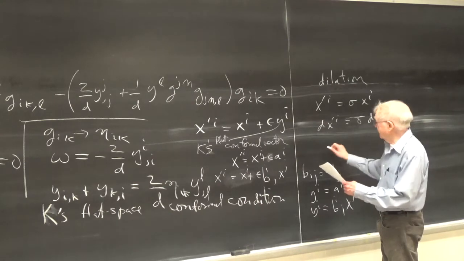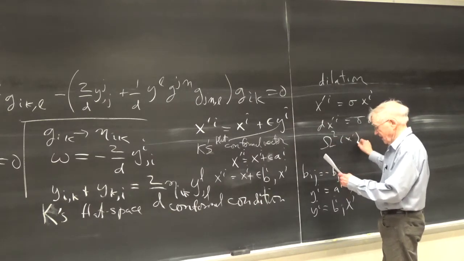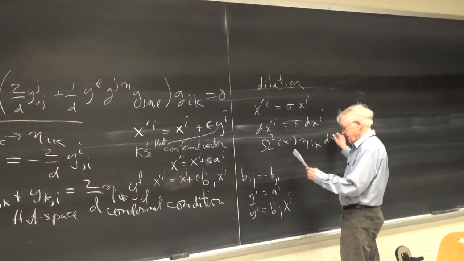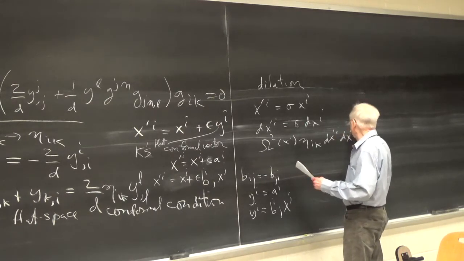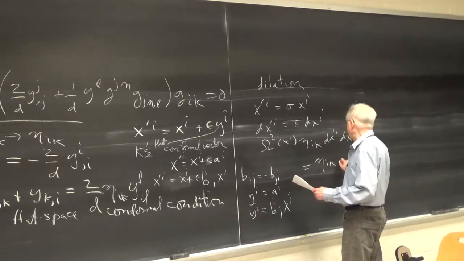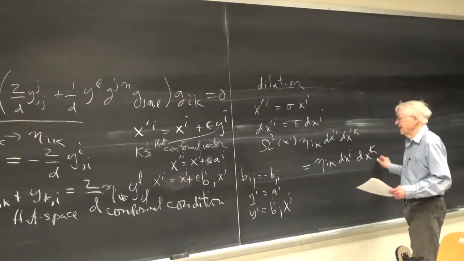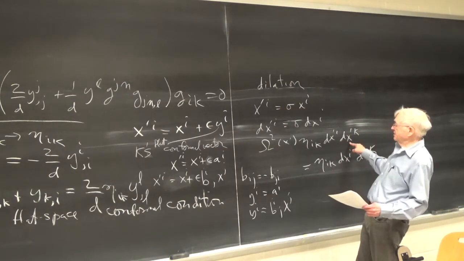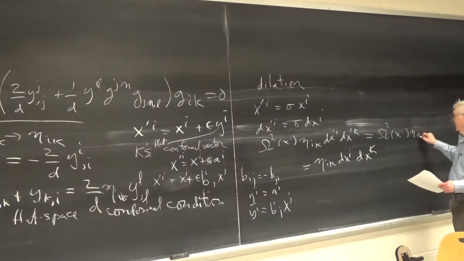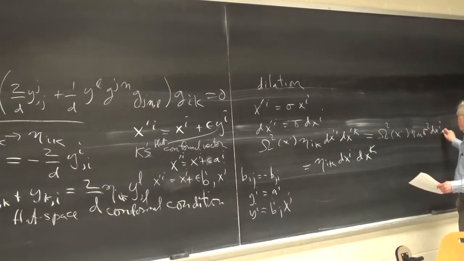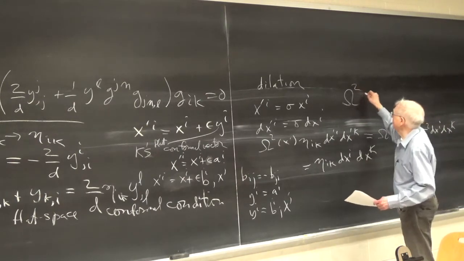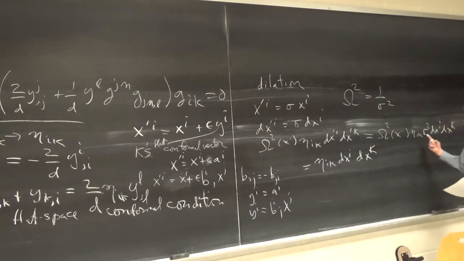And so what you can have is omega squared of x' eta_ik dx'^i dx'^k equal to, we want that to be eta_ik dx^i dx^k, and so since these guys pull in, this is actually omega squared of x' eta_ik sigma squared dx^i dx^k, and so all we need here is to have omega squared be 1 over sigma squared, and then that cancels that.